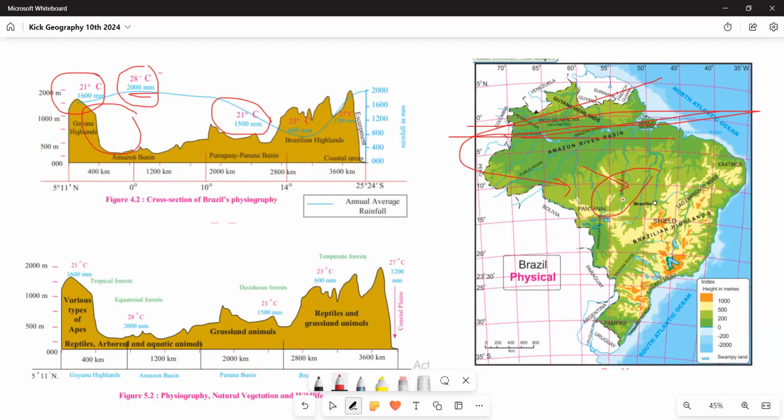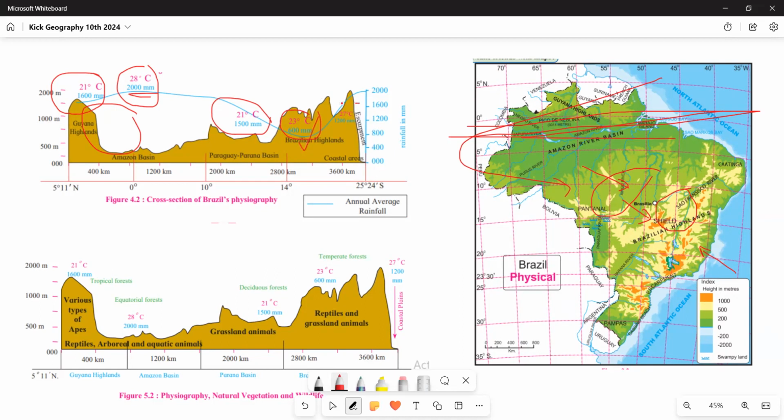As we move up in the Brazilian highlands, we see that the rainfall is less because the winds are flowing from this direction and the orographic rainfall happens only in this region. This is a rain shadow region and that is why rainfall is less.